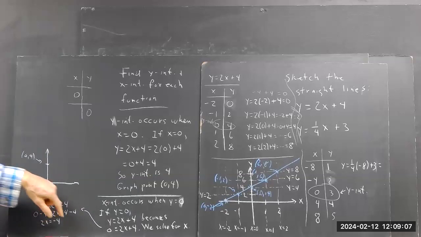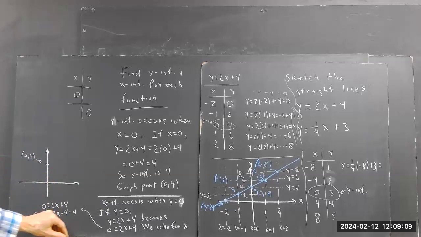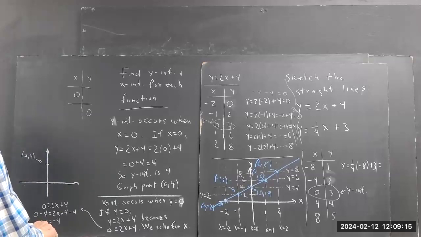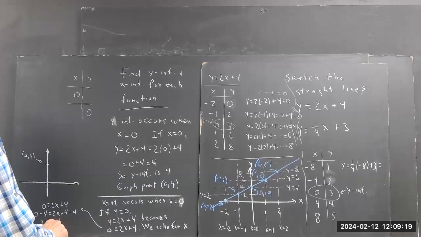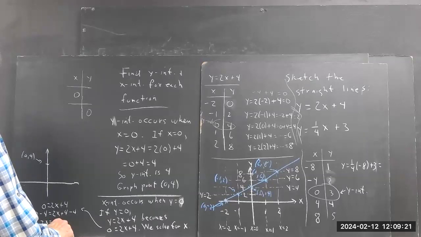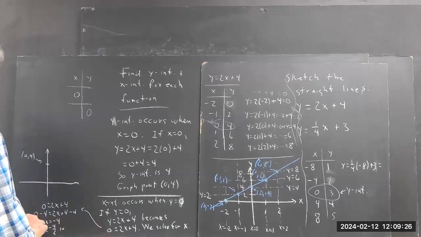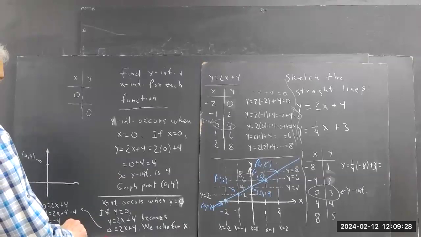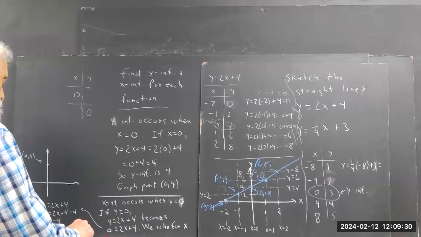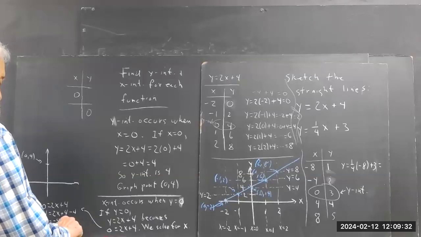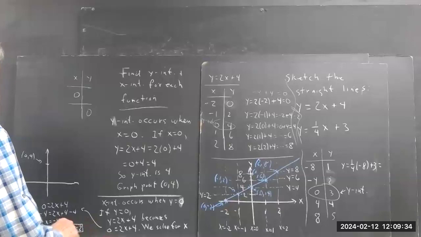I flip the sides, because we usually like to have our x on the left. So 2x divided by 2 is -4 divided by 2, and 2x divided by 2 is x. So x is -2.